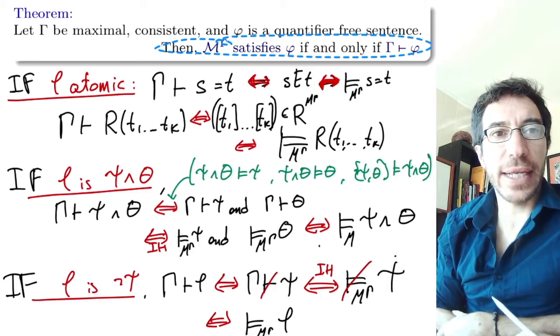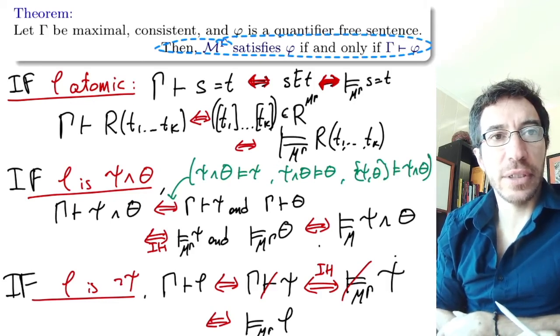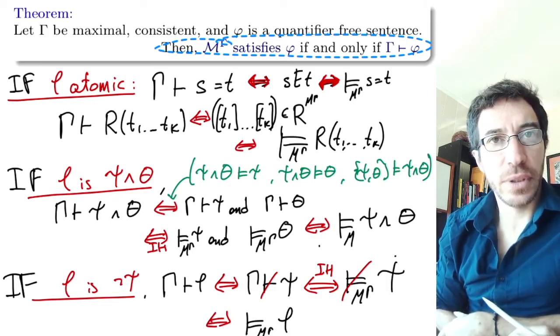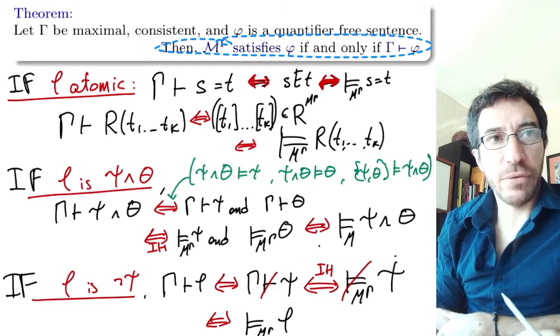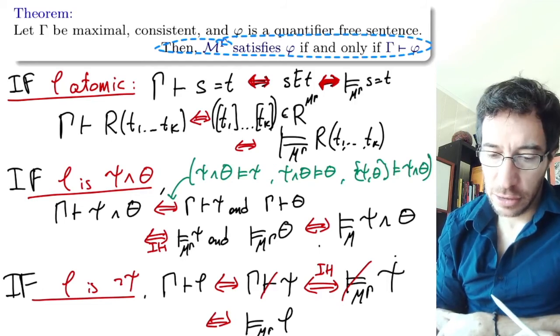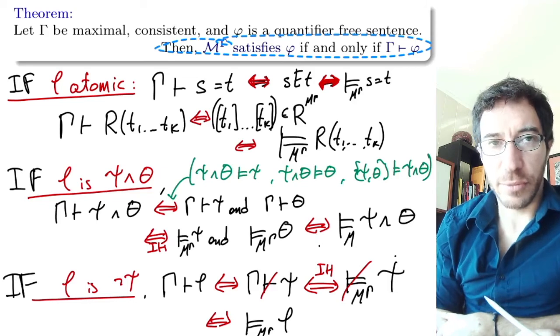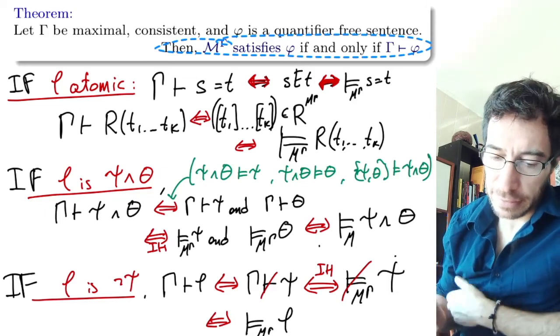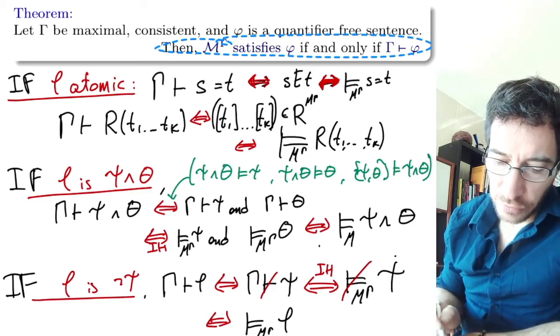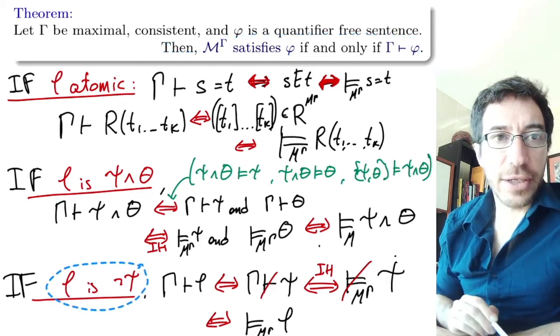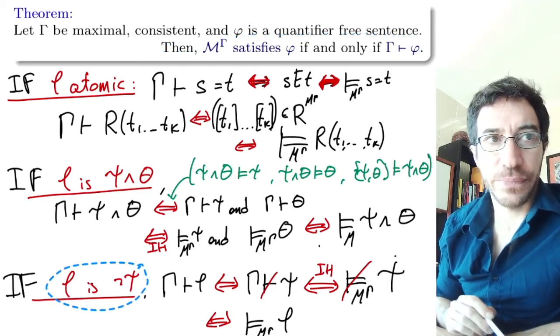So we get that at least for quantifier-free formulas, formulas that don't have quantifiers, if they are in gamma, then they are satisfied by the term model, so long as it's maximal. And maximality was used very importantly for the negation. You wouldn't get it otherwise. Cool.